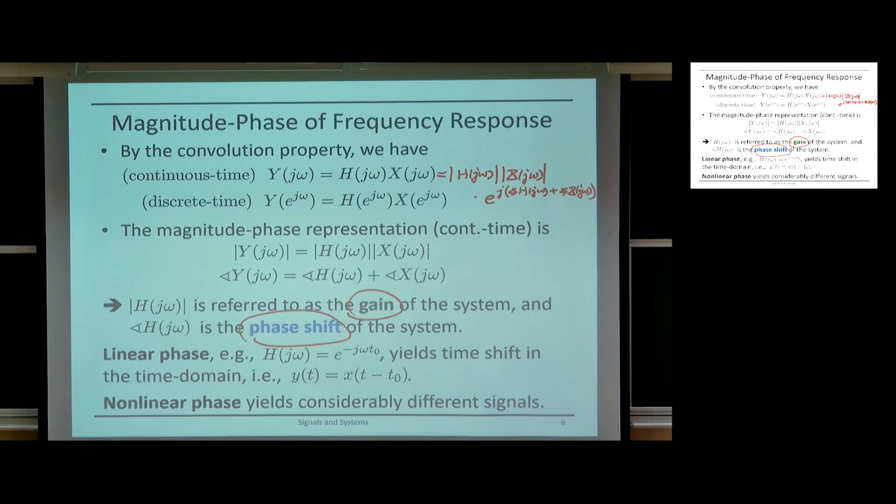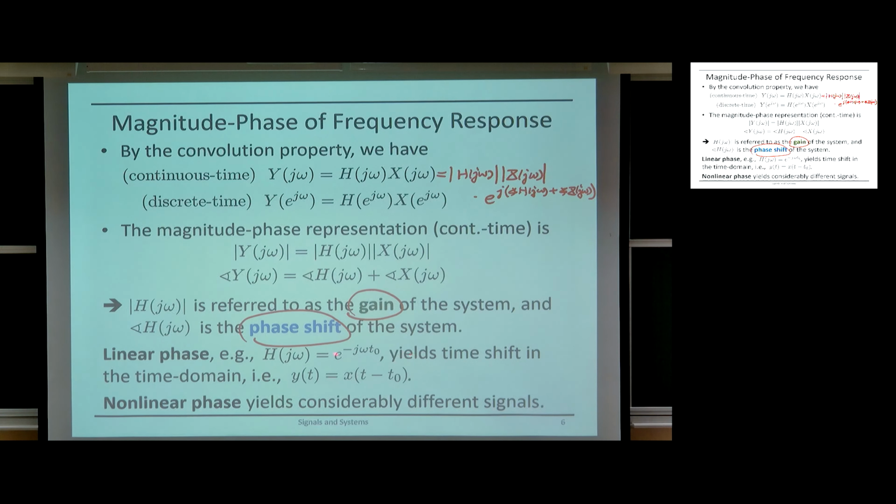Now, if your system provides a linear phase, this e to the minus j omega t naught, then as we mentioned here, this linear phase means that you're shifting every frequency component by the same delay. Okay?